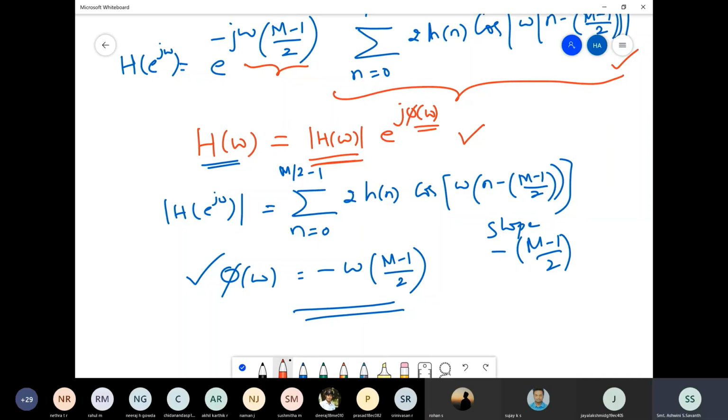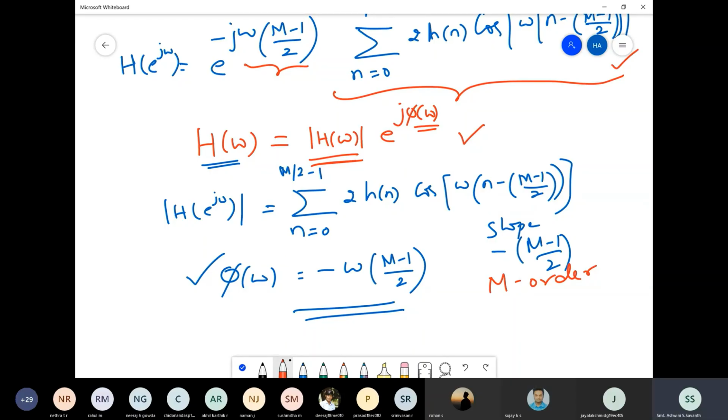Okay, and then M is called the order of the filter. So that M actually indicates the number of samples you have in h of n, right? And also the maximum past inputs that you can consider.